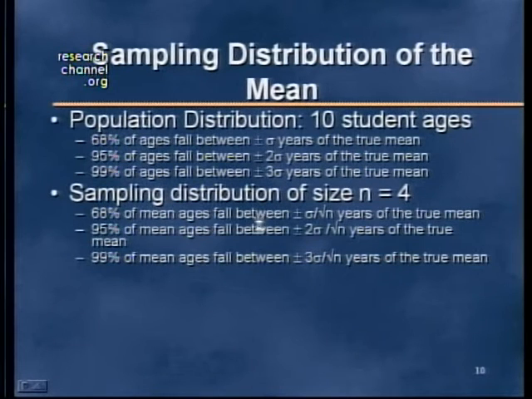The sampling distribution, on the other hand, describes the spread in the values of the possible sample means when we limit ourselves to all possible samples of a particular size, little n.